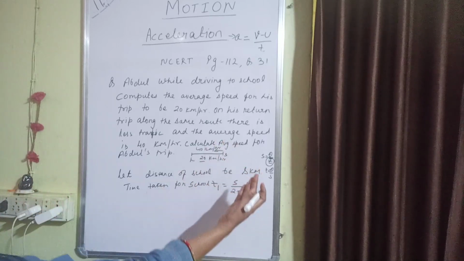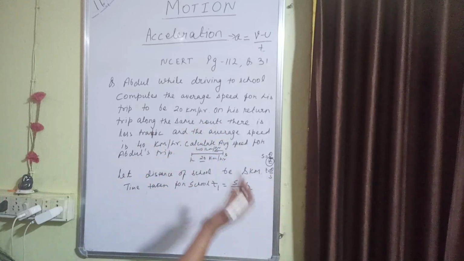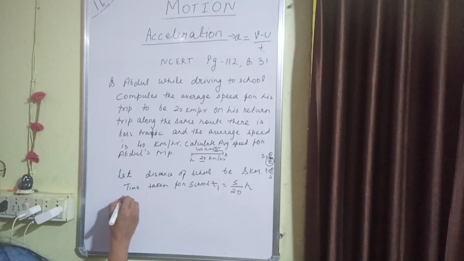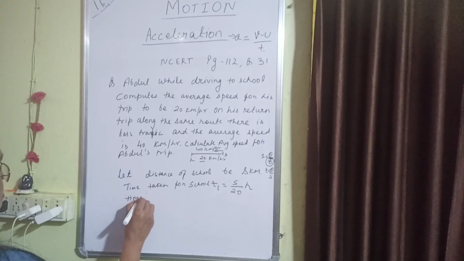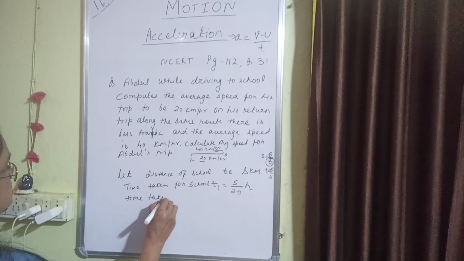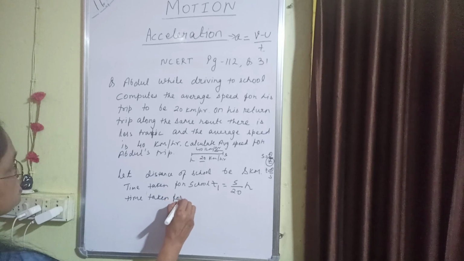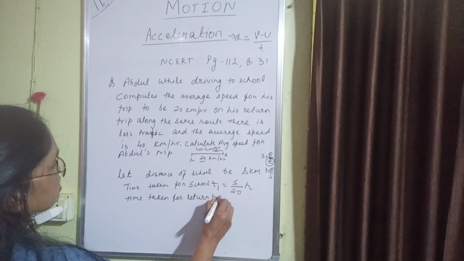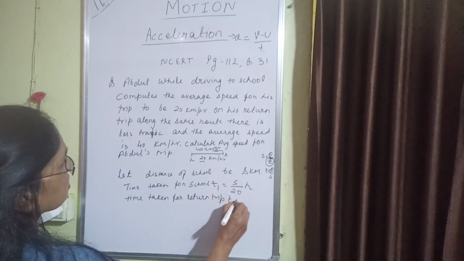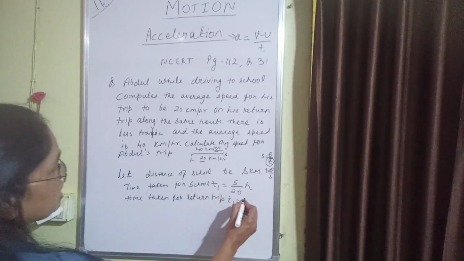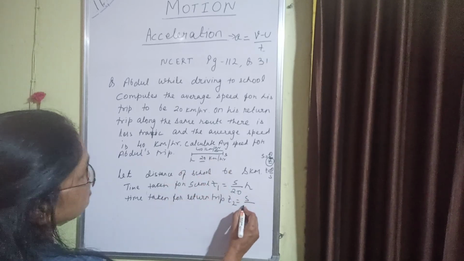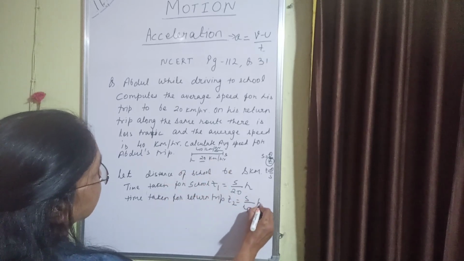Now Abdul is returning back. For the return trip, time taken T2: same thing, S by the average speed while returning, which was 40. So it is S by 40 hour.